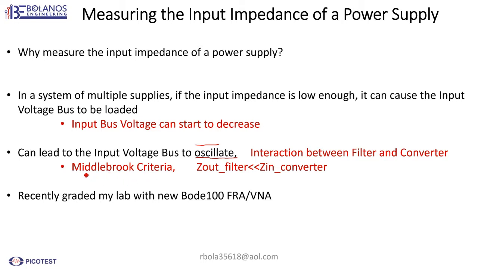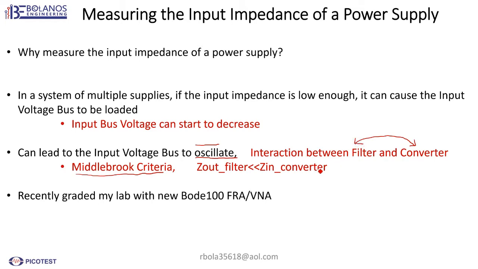Now if you have an oscillation, then you're violating the Middlebrook criteria. Basically, the oscillation is an interaction between the filter and your converter.